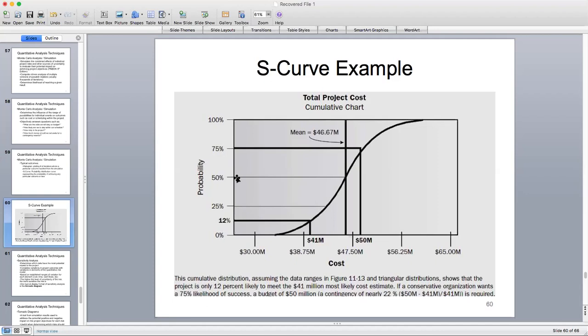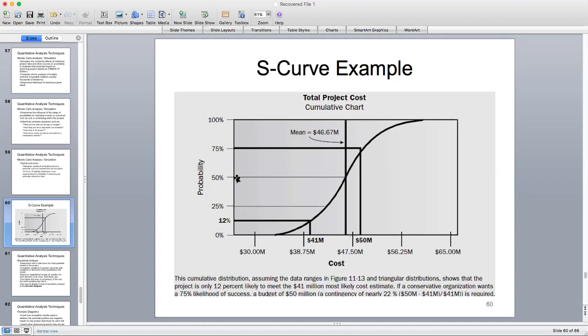So if we need to have $50 million in reserves to be able to cover the 75% confidence level, and if that's something that the organization accepts, it means that our original estimate of $46.67 million for our budget will not be enough. In fact, we're only 50% confident that that will be enough.